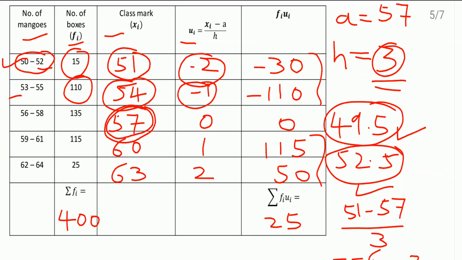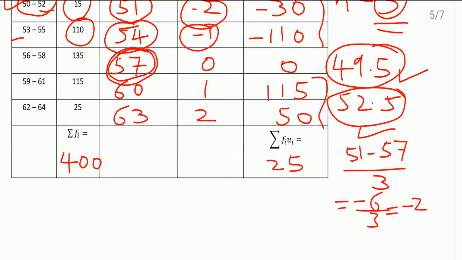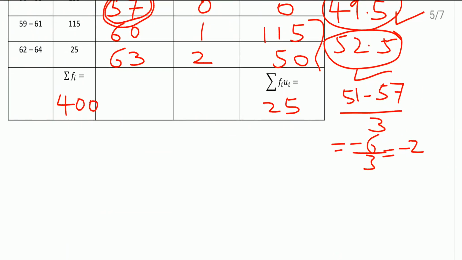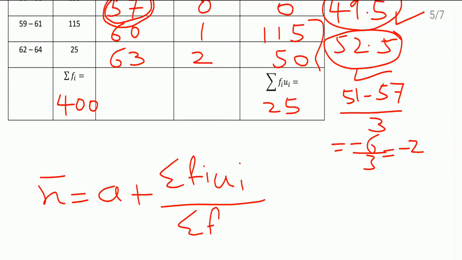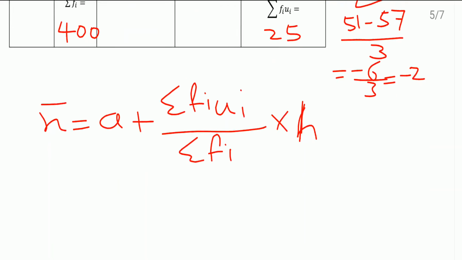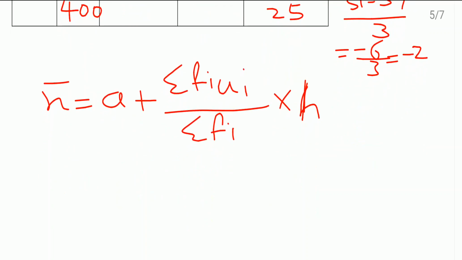Okay. Now we will use the formula for step deviation method. So the formula is x bar equal to a plus (sigma fi ui divided by sigma fi) into h. This formula you have to remember. Okay, no other option.